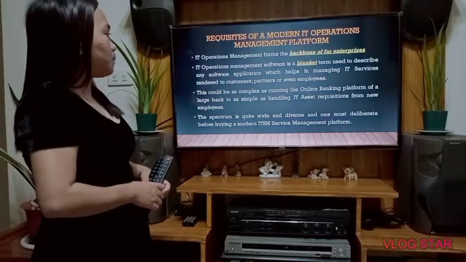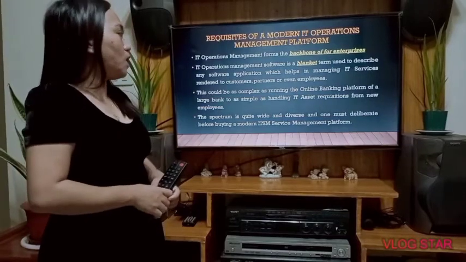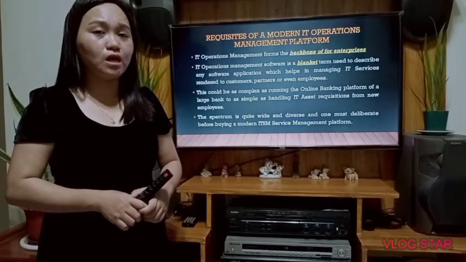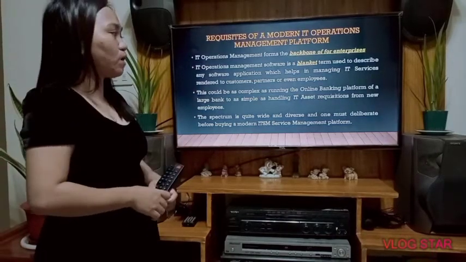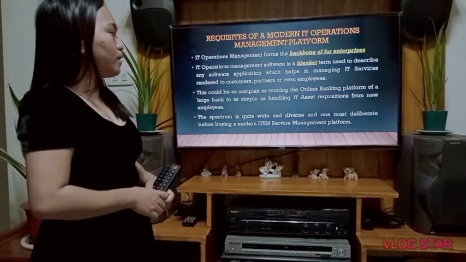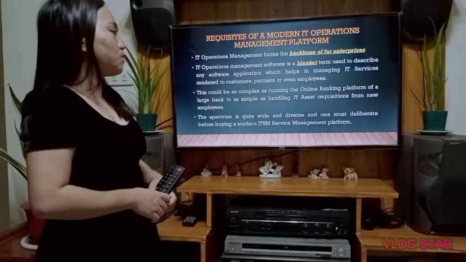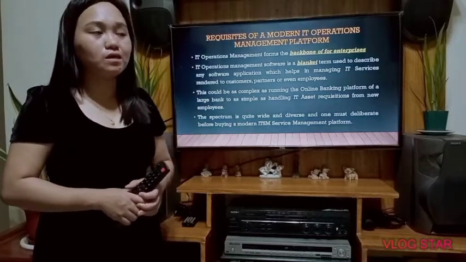Next, IT operation management software serves as the blanket. When we say blanket, it serves as the comfort, the security, the safety of any software application, which helps in managing IT services rendered to customers, partners, or even employees. An example for this is online banking.